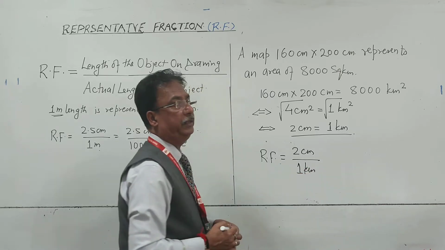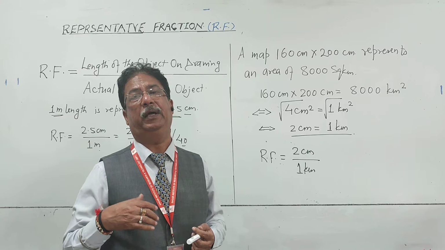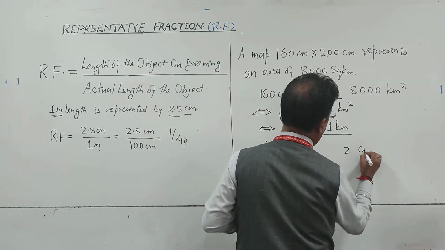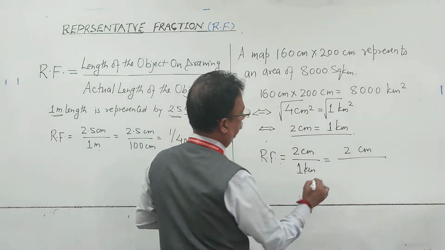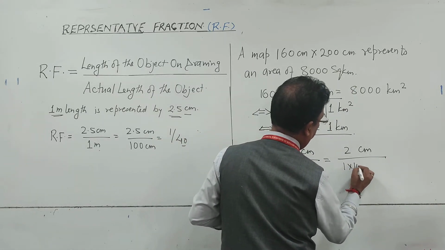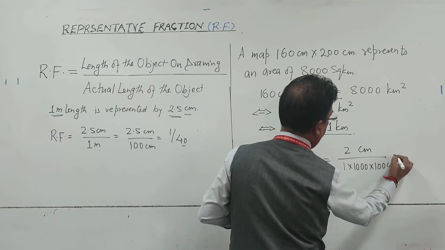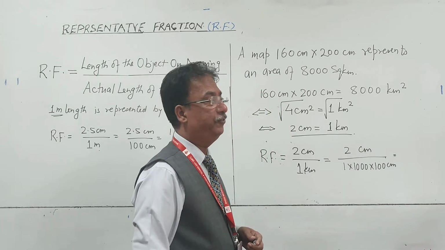As you know, in 1 kilometer there are 1000 meters and in 1 meter there are 100 centimeters. I want both the units to be the same, so if I convert this kilometer into centimeter, this will come as 1 into 1000 into 100 centimeter. So that is actually 2 upon 10 to the power 5.